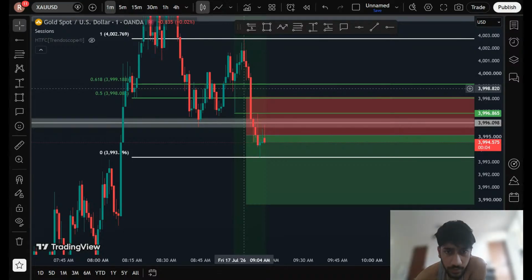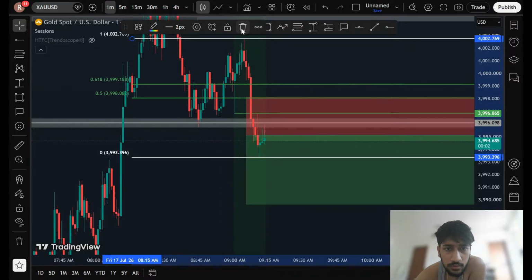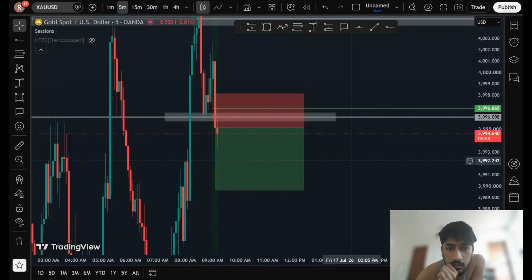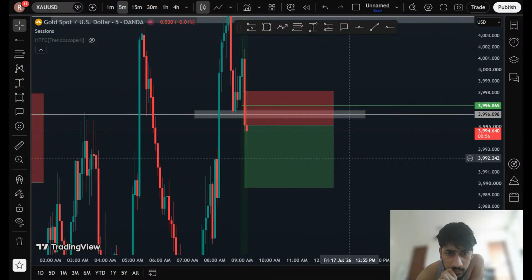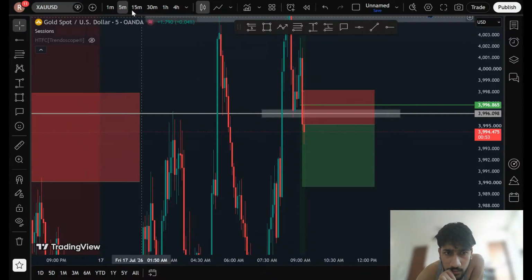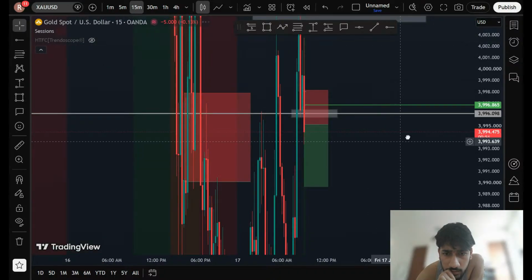If this 5-minute candle breaks the high, then I'm going to close 50%. Else, I'm good.